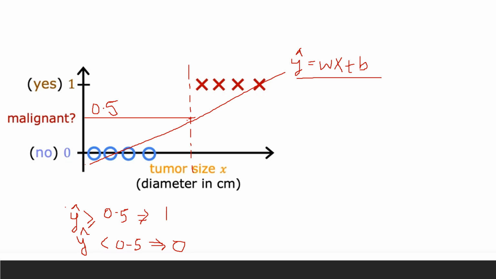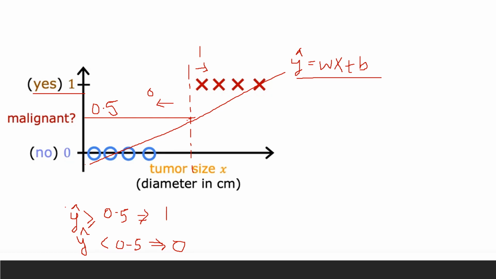By determining this threshold value of 0.5, you can see that the values on one side are considered 0 and the values on this side of the line are considered 1. That is, the tumors after this line are considered to be malignant, that is, yes.